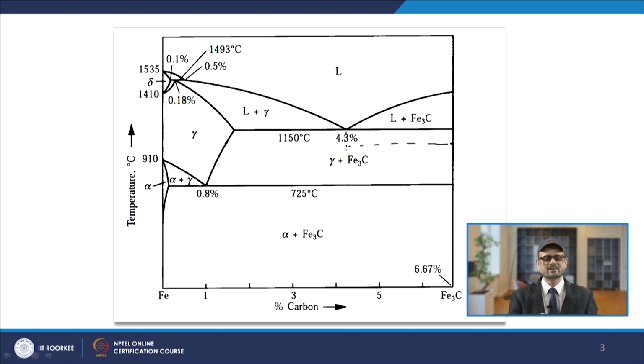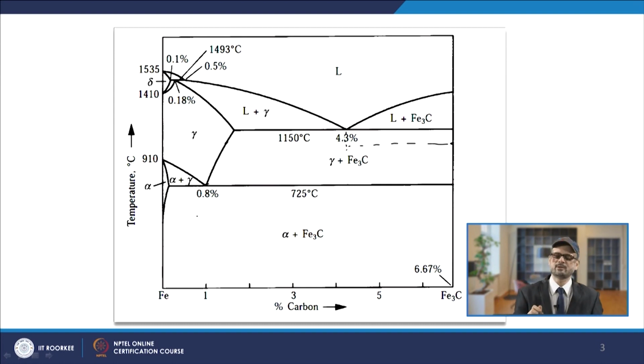Now again after that this gamma will convert to pearlite. So, you will have ferrite plus cementite, whereas this is basically the cementite itself, an intermetallic phase. So, you will have the austenite further being transformed. So, this reaction is known as the eutectic reaction.